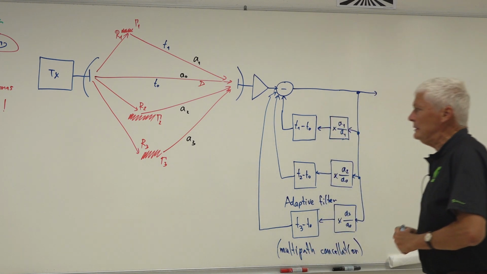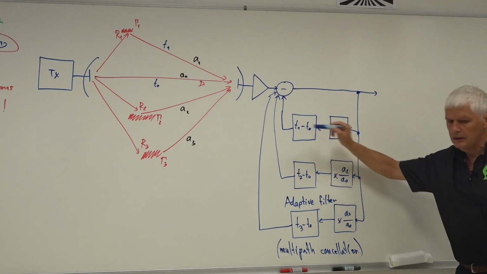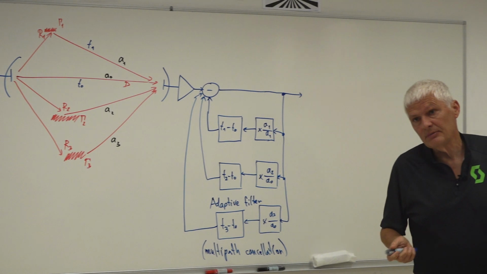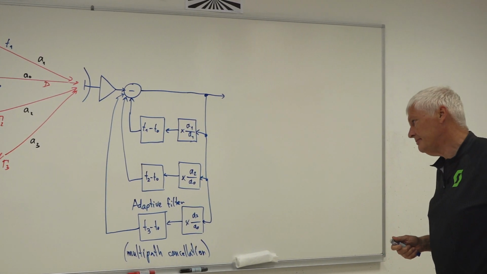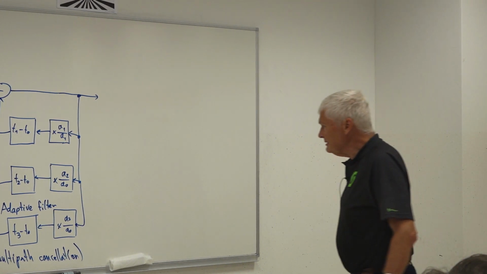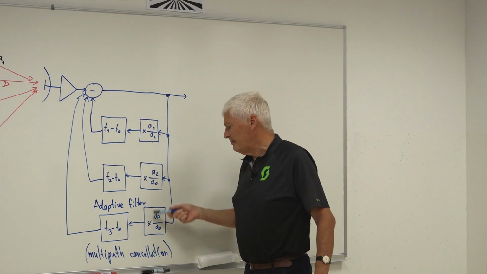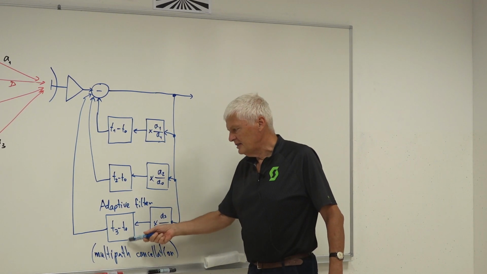So this seems a viable solution to remove all reflections with a suitable network here. It seems so, but it's not easy to do this. First, we cannot ask the user to actually adjust these parameters here, this multiplication constant and these time delays.